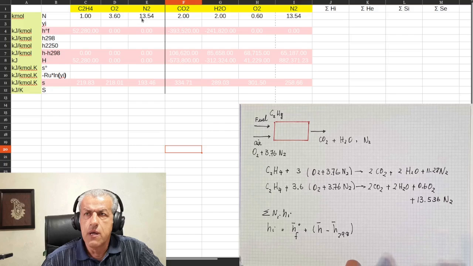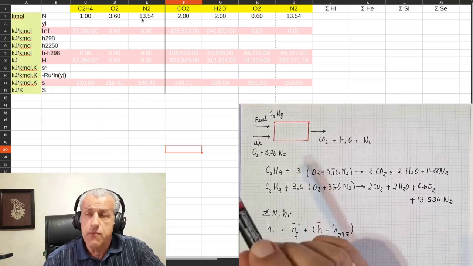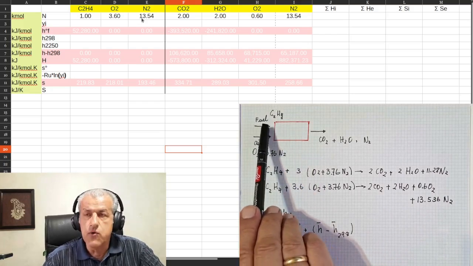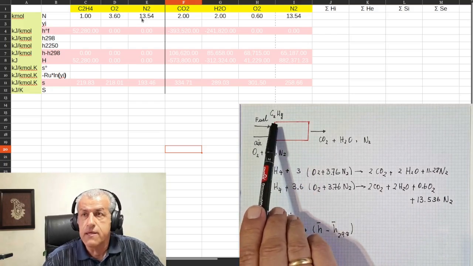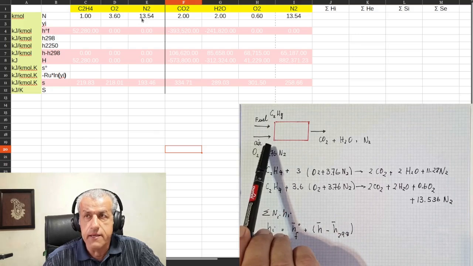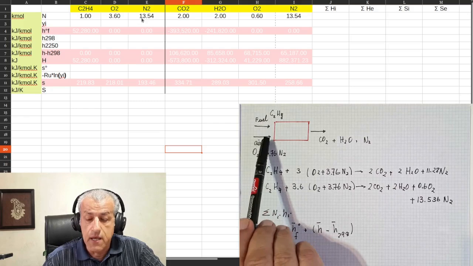Now, usually for the time being, for this problem, we assume that fuel enters differently at 1 atmosphere and 298, and air enters in a different channel at 1 atmosphere. So these are two different.